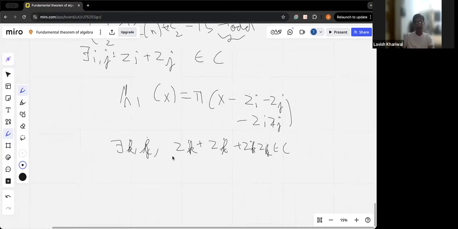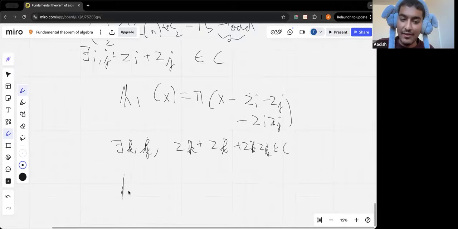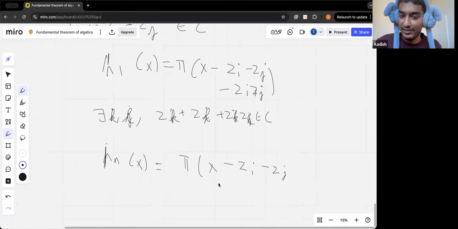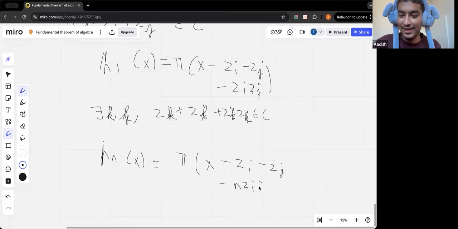Now, in general, I will define Pn of x to be the product of x minus (zi plus zj plus n times zij). This is black magic, by the way. This proof is completely black magic, but it is incredible.